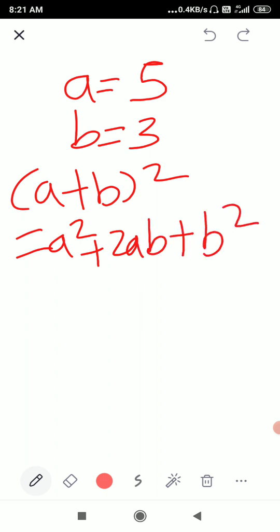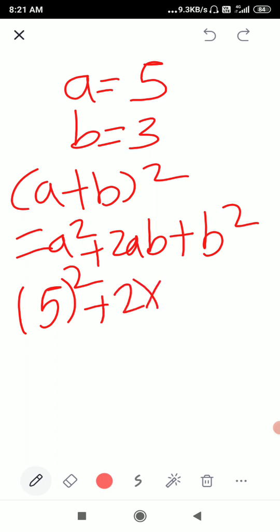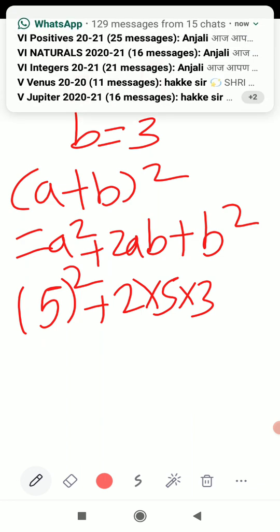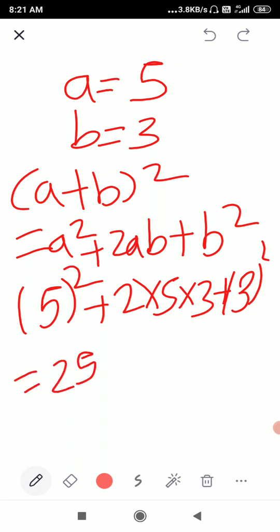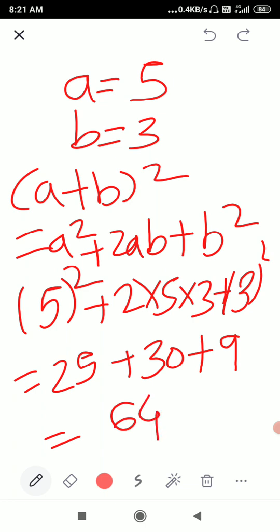So a is 5, so 5 square plus 2 into 5 into 3, plus b square, it is 3 bracket square. Now 25 plus 30 plus 9. Now if you add, you will get 64.